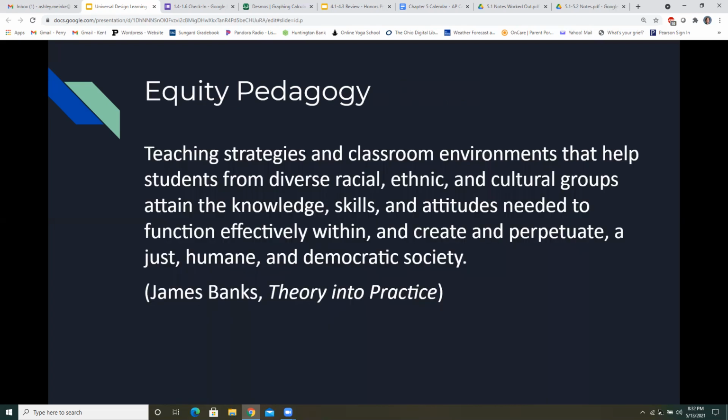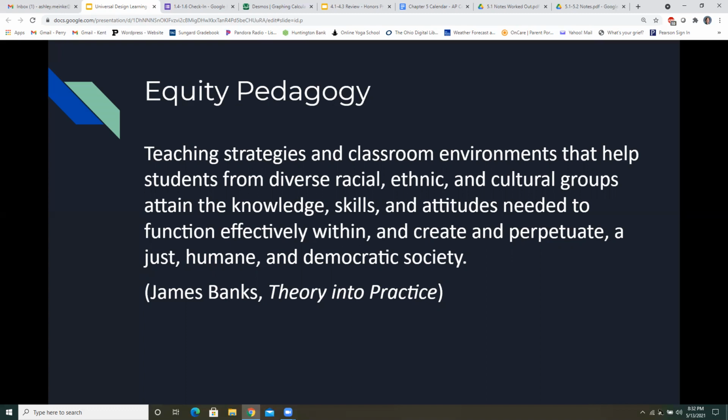So let's take a look at what equity pedagogy essentially means. We are not going to dig too deep into this, but equity pedagogy essentially means finding teaching strategies and classroom environments that help students from diverse racial, ethnic, cultural groups to attain knowledge, skills, and attitudes needed to function effectively within and create and perpetuate a just and humane and democratic society.